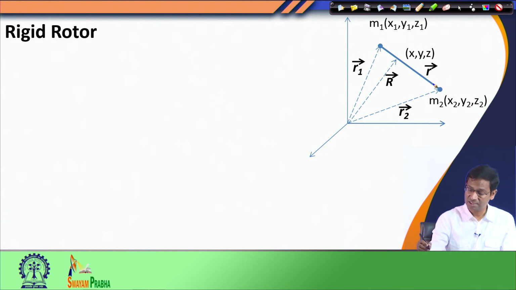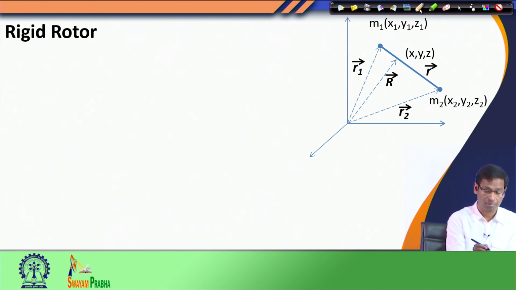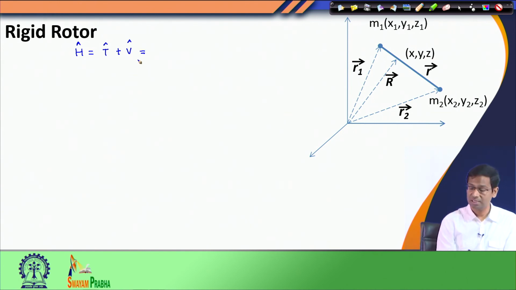So, for such a system I can write down the Hamiltonian. I would like to solve this problem quantum mechanically. So, I have the Hamiltonian as T plus V, again the kinetic energy operator plus the potential energy operator, and I would assume that there exists no external potential.